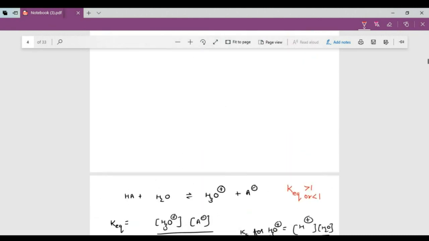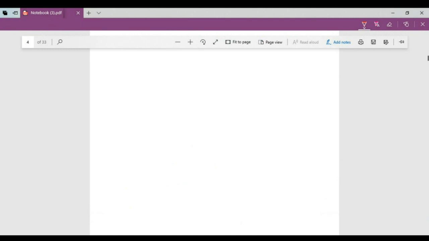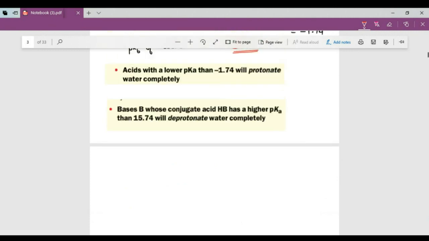Now, there is a conclusion related to what I just said. Acids with a pKa lower than minus 1.74 will protonate water completely. Remember this. All acids which have a pKa lower than minus 1.74 will protonate water completely.